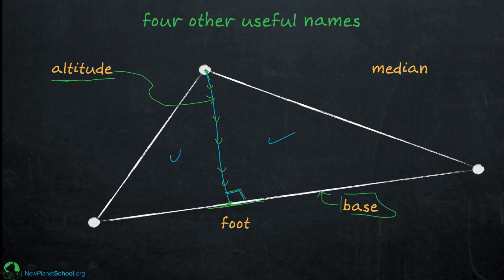Similarly, the point at which it hits is called the foot. So you might say something like, along the base between point A and the foot is a length D. So you might use the vocabulary in that kind of way. And so that is what the altitude is. Very common language and useful to just have at your fingertips.